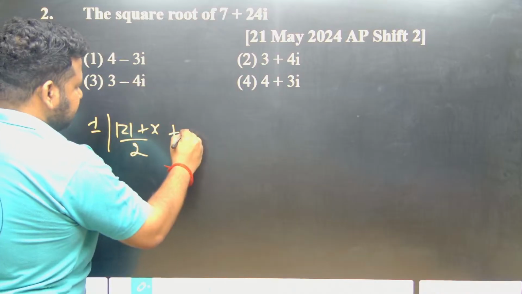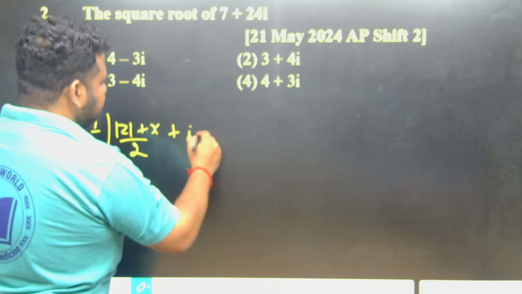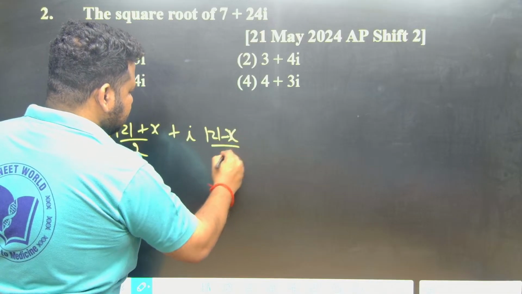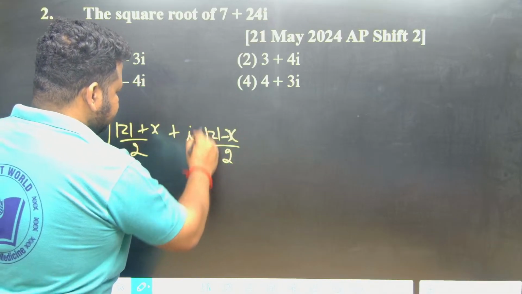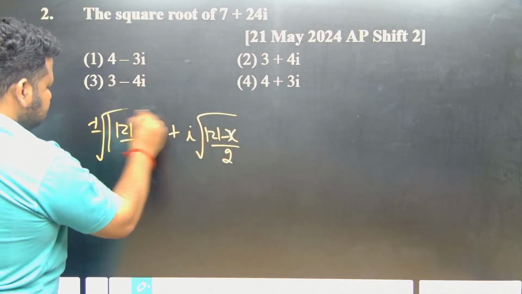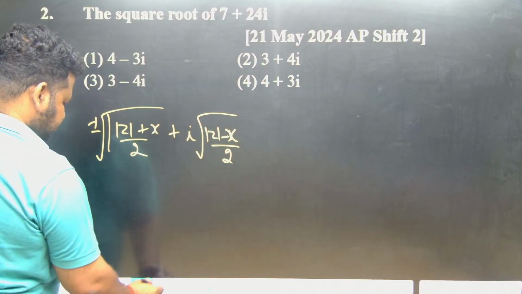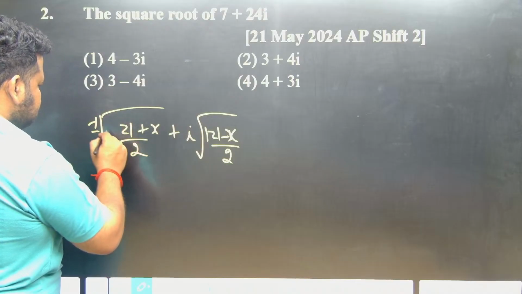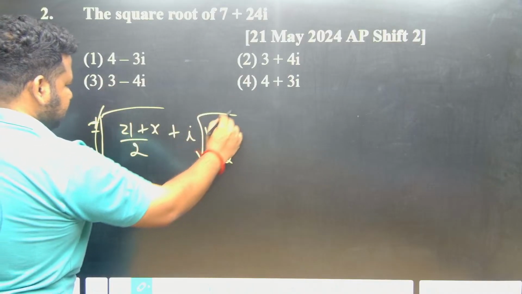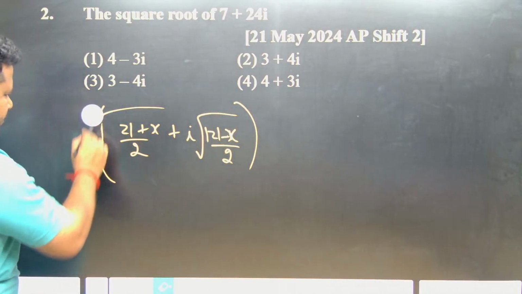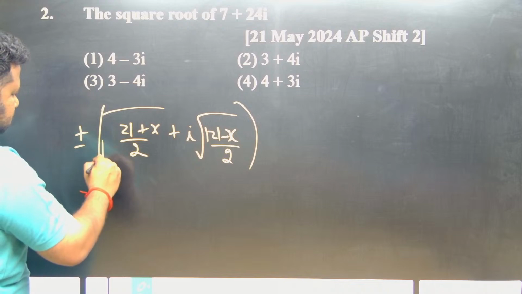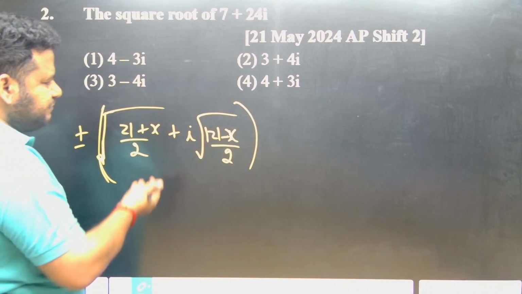Another one is plus I into mod z minus x by 2, everything within the square root. Plus or minus will come outside. They need not give both the values plus or minus, one of the values they can give in the options.